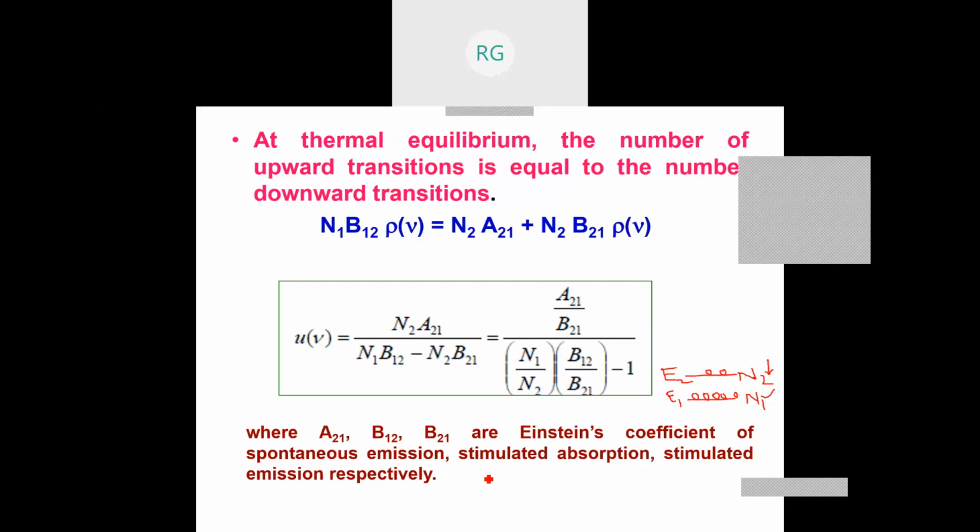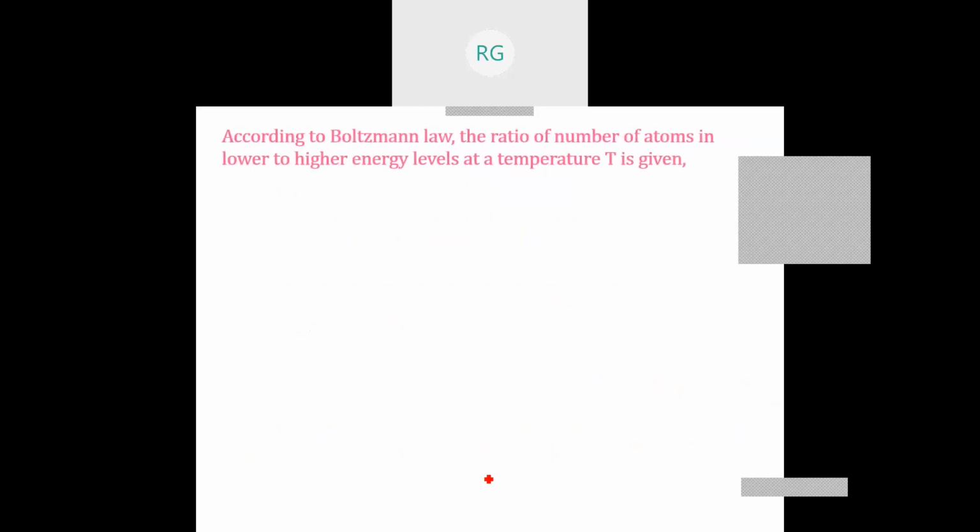So now if you look at this equation again and insert the Boltzmann equation, it states that the ratio of the number of atoms in the lower energy level to the number of atoms in the higher energy level is equal to e power the difference between the energy levels E2 minus E1 by kT, where T is the temperature at which we are following the reaction or seeing the transition, and k is the Boltzmann constant.